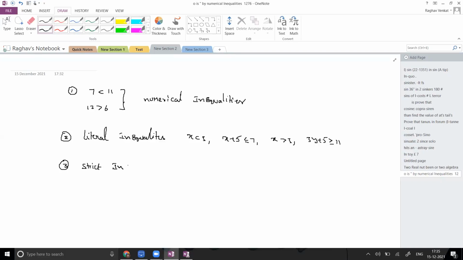Examples are x less than 3, y greater than 5, x less than y. Understood? ax plus b less than 0, bx plus c greater than 8, something. These are examples. X less than 3.